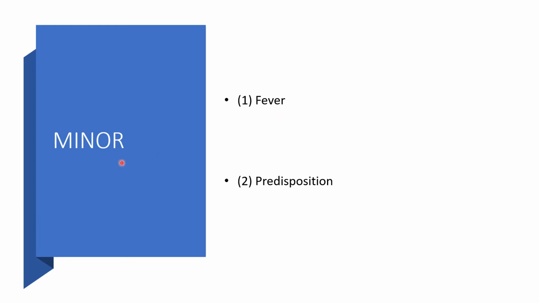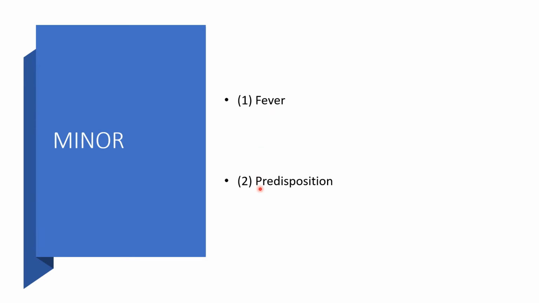Now, the minor criteria. Number one criterion here will be fever. The fever here is going to be greater than 38 degrees Celsius or 100.4 degrees Fahrenheit. If that is it, that is a minor criterion.